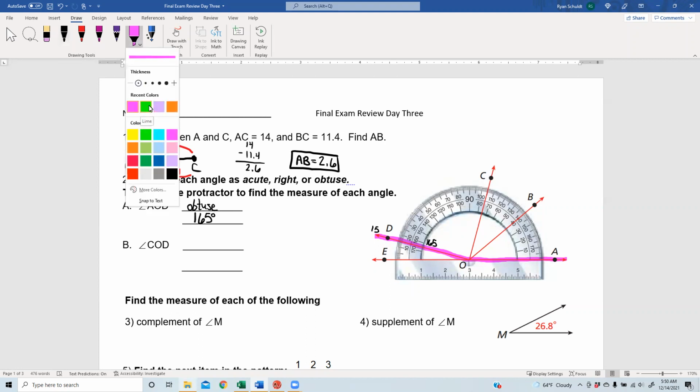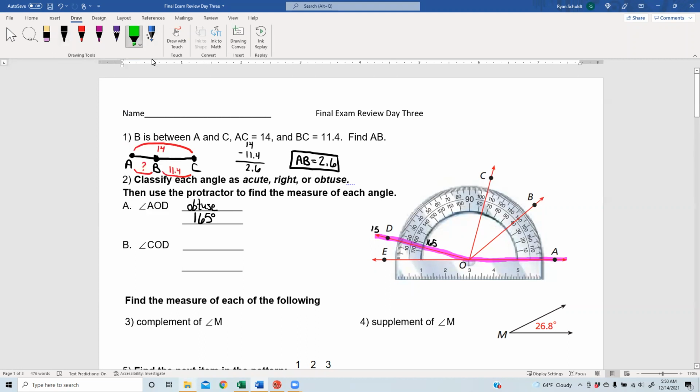The next one, they ask about COD. Now this one's kind of up in the air some. So let's find the measure first, and then we'll make our judgment on what kind of angle. So if I'm looking at where it comes out, it's either at 105 or the inside looks to be about 75.